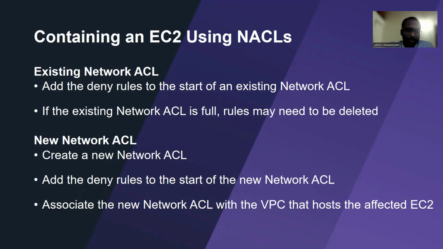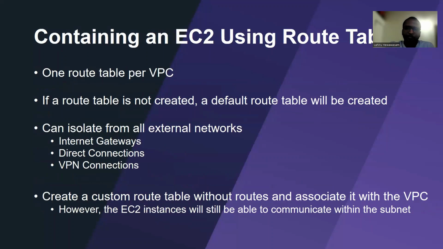The next option is to create a new network ACL and add all the deny rules to the top, and then associate this network ACL to the subnet that hosts the EC2 instance that you want to isolate. So remember that this is not attached to the EC2 instance, it's attached to the VPC instead.